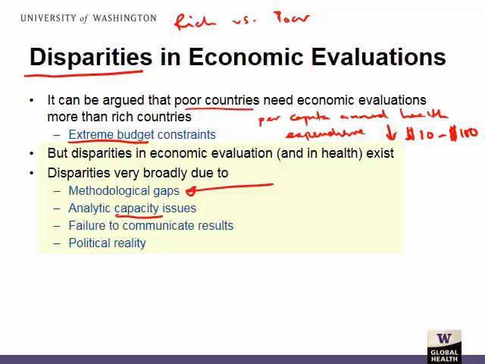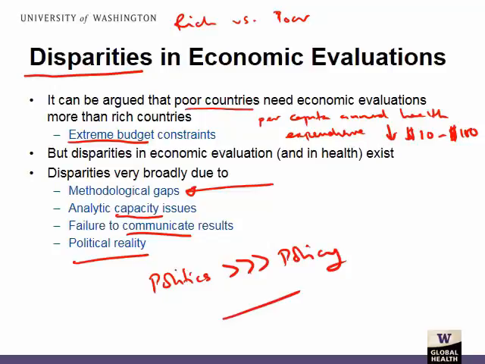Even when you produce papers, politics is much more important than policy. So even if you produce a good analysis that shows that intervention A is better than intervention B, policymakers don't have to use that evidence. And many times they actually do not. So papers sit out there without anyone using them to improve the policy.